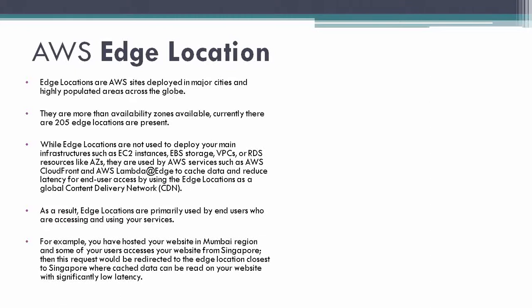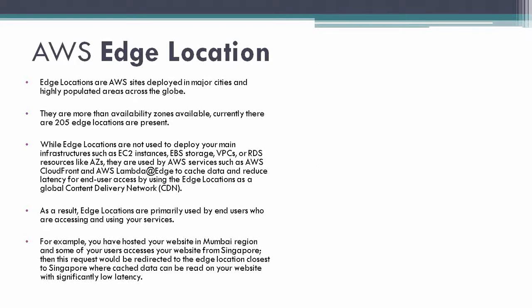The first time you get a request from your user, the request will go to the Mumbai region, and from that Mumbai region your website's static data or content will get cached in the edge location nearby your end user.